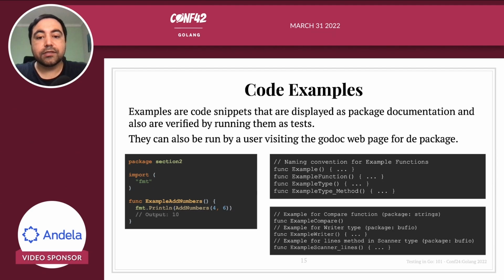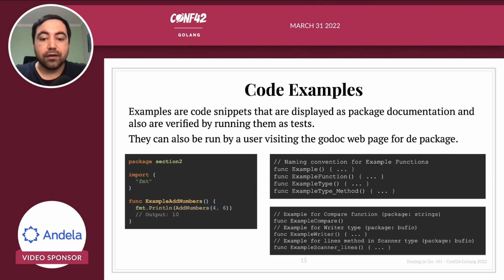To create code examples, we need to comply with a naming convention. Our function should start with Example and have different conventions for the cases where we need to create examples for functions, types, or methods inside a type.